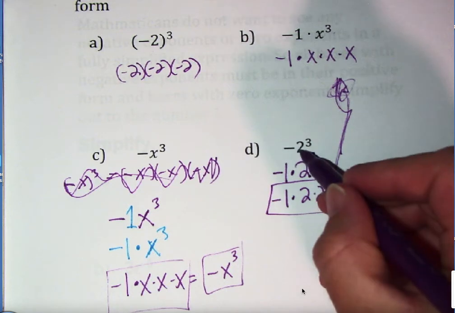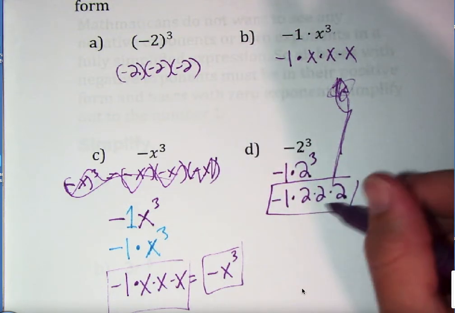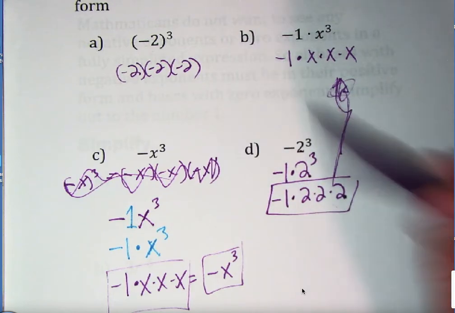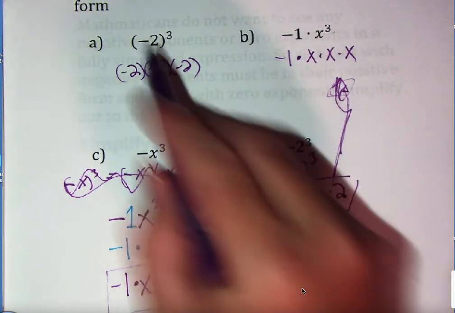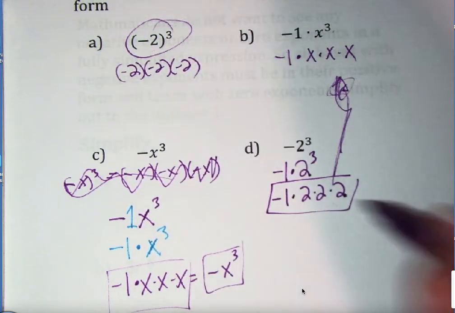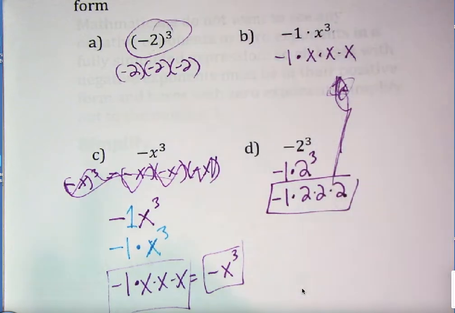The base is 2 with a negative outside. It's tricky, and I know, but I did want to bring it up. If we wanted to have 3 copies of negative 2, this is the way we would write it. Negative 2 times negative 2 times negative 2 looks like that. This is 2 to the third power, and make your answer negative.